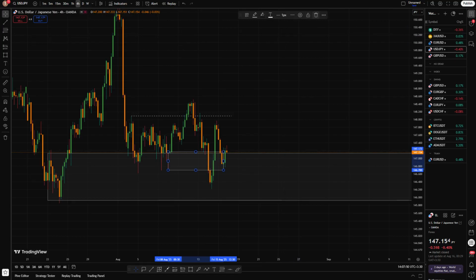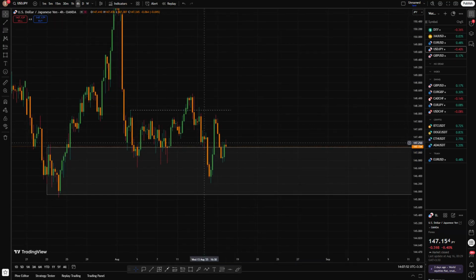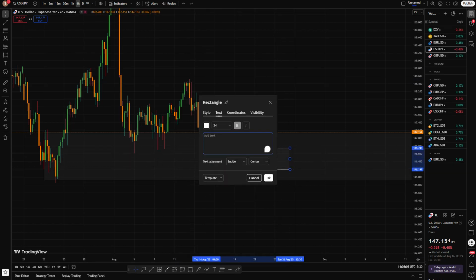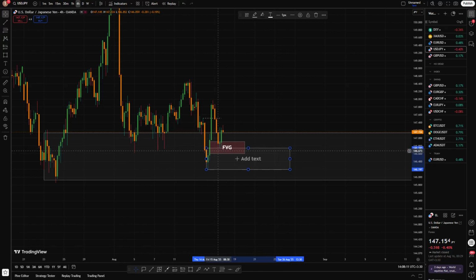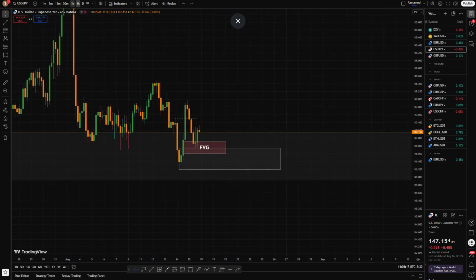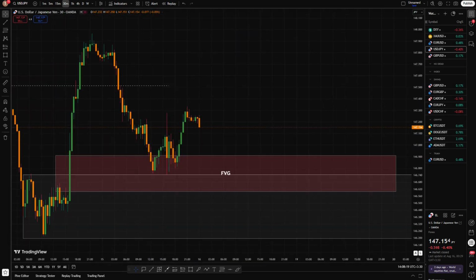But we have another shock here in this area. This is the last high of our downtrend, so we can enter buy in this FVG and in this order block. So we have the FVG and the order block here, so we will go to the 30M to see a shock.